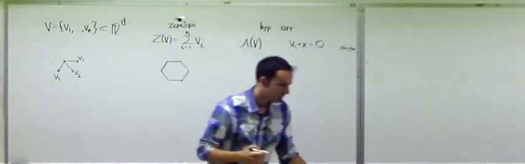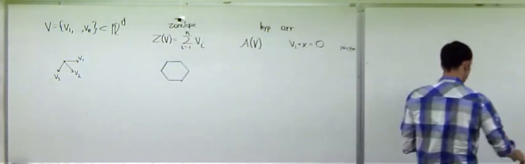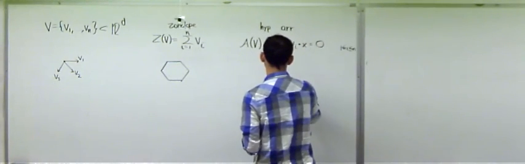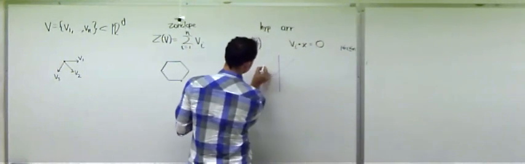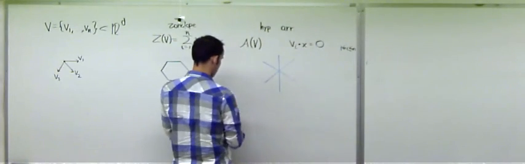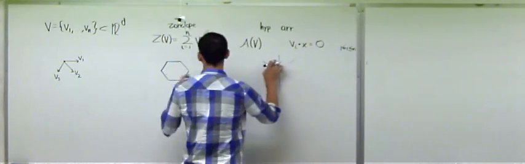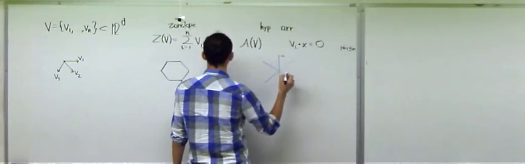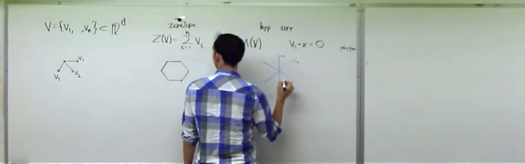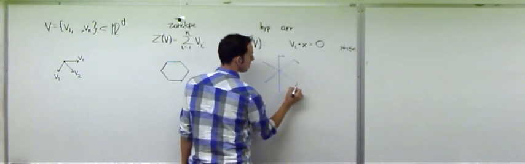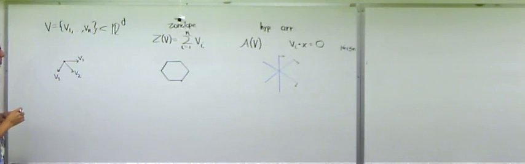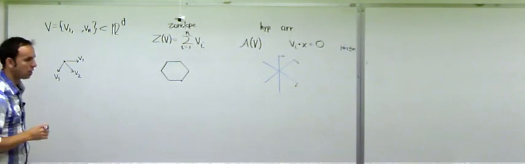And the hyperplane arrangement looks like this, where the normals are precisely these vectors, right? So here's v1, v2, and v3. Okay.